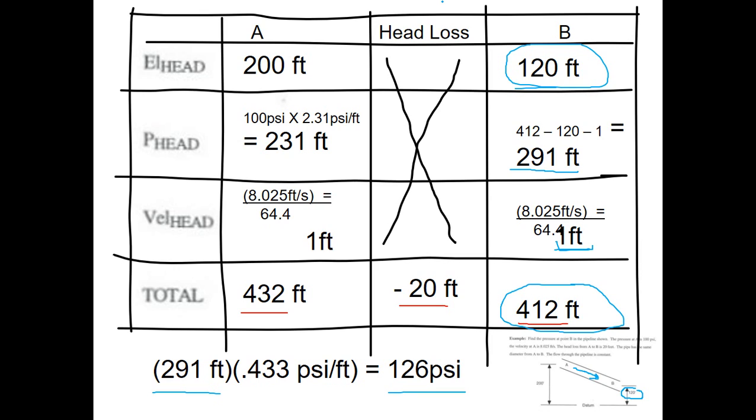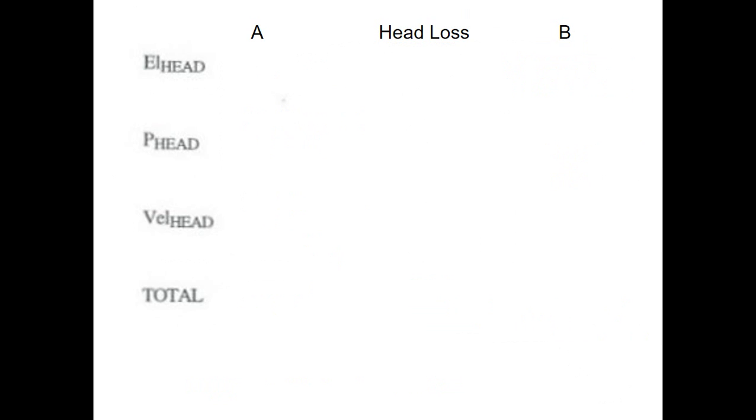That means my total left over is 412. I know I've got to have 120 in the elevation account. I know I've got to have 1 in the velocity head account, I guess. So that leaves 291 left over for the pressure head account. Now that's in feet, so I can convert that into psi. Okay, so that's how I approach those.